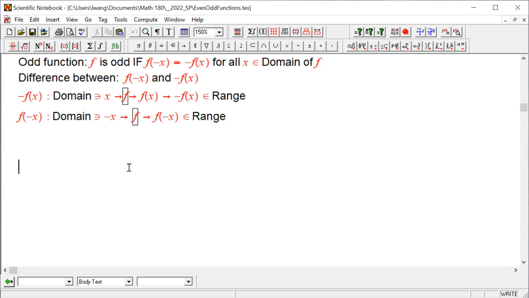That's the difference from the definitional function perspective, right? What this does is you take your x from the domain, put a negative sign in front of it, and then give this negative x as an input.